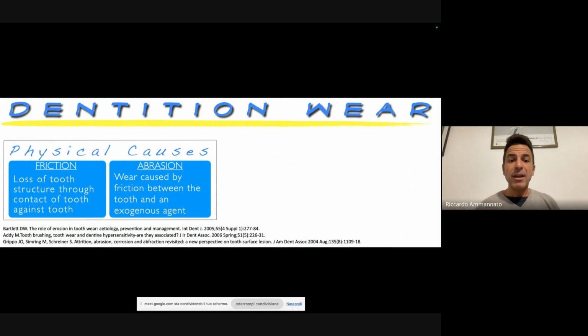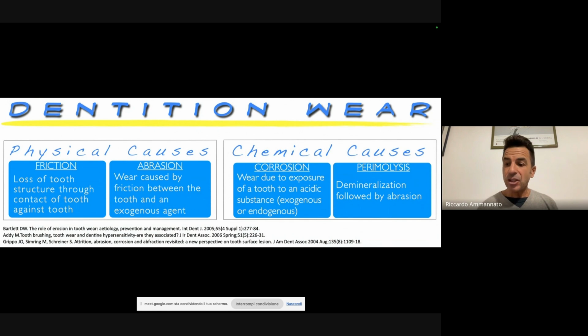Here we have physical causes with friction, and we know what friction is: loss of tooth against another tooth. Then we have abrasion, that is friction between the tooth and an exogenous agent. And then we have the chemical causes, where we have corrosion, which is today really increasing a lot, so it's something we need to focus on a lot.